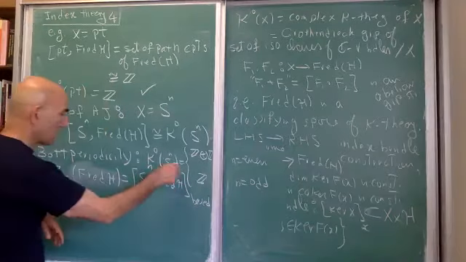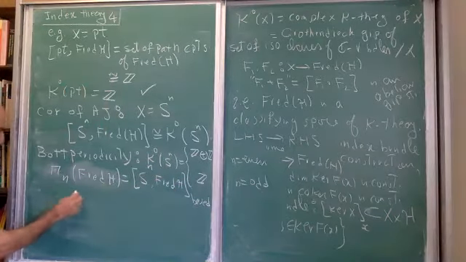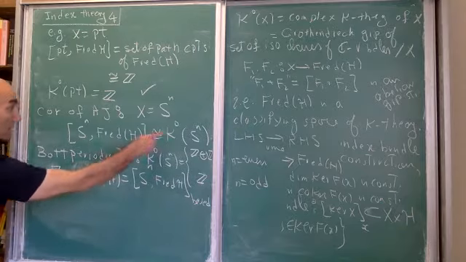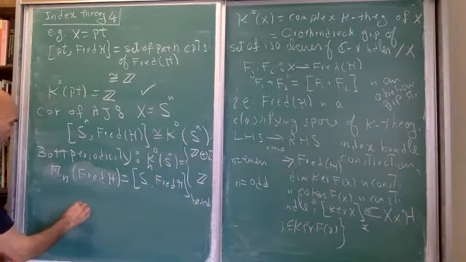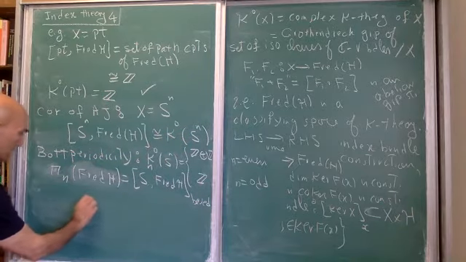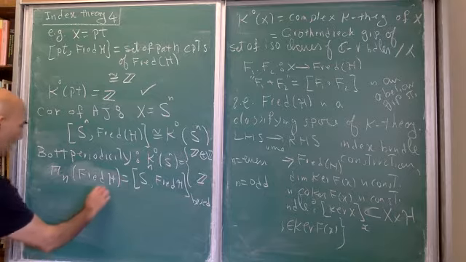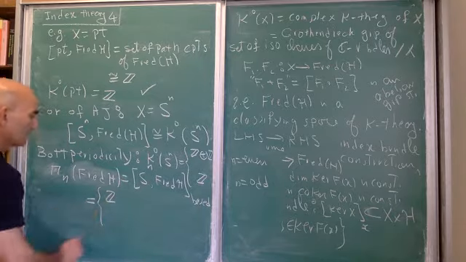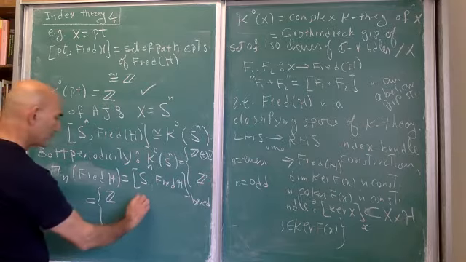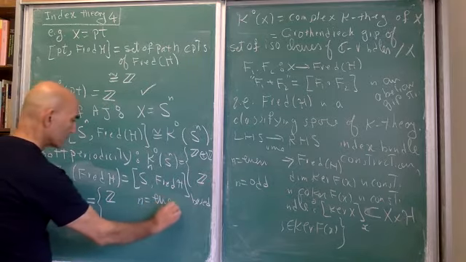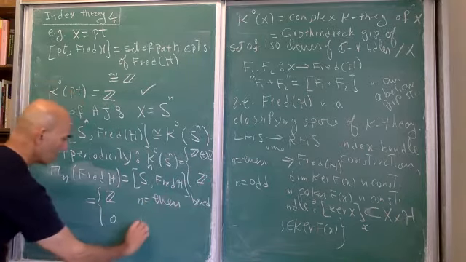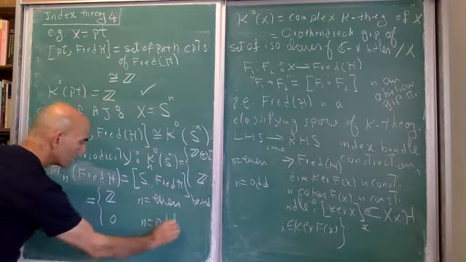And then this Bott calculation shows that this is equal to Z if n is even, and is 0 if n is odd.